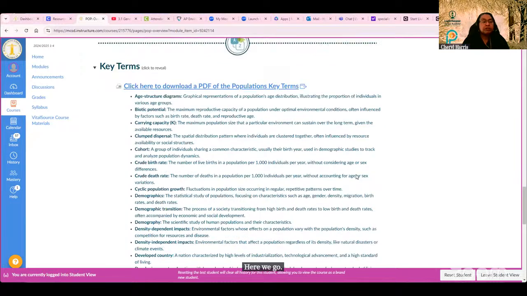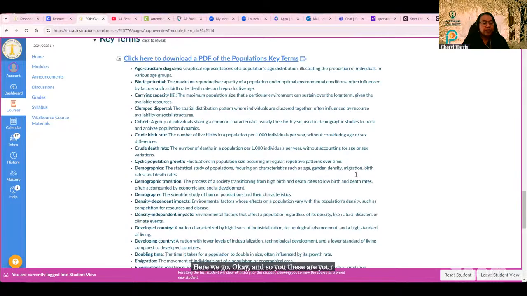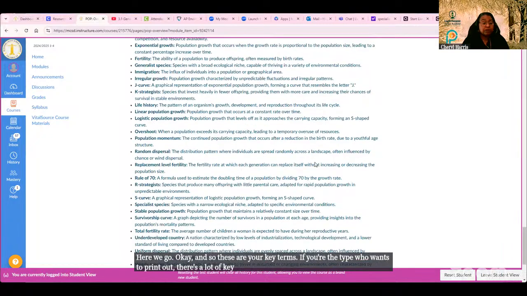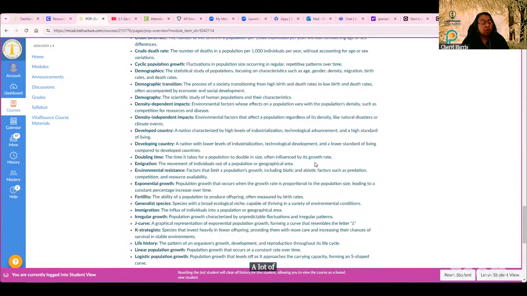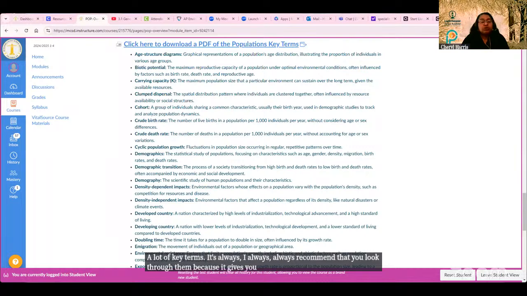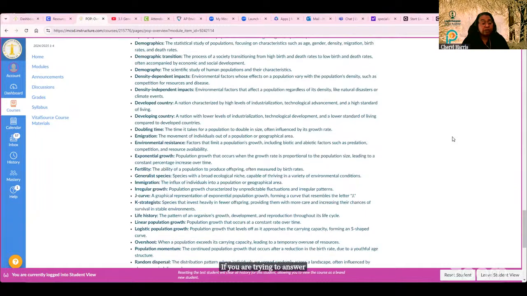Okay, and so these are your key terms. If you're the type who wants to print out, this list is very long. A lot of key terms. I always recommend that you look through them, because as we do graphing and things of that nature, it helps to understand what the term means if you are trying to answer a question. And that goes for the exam too.